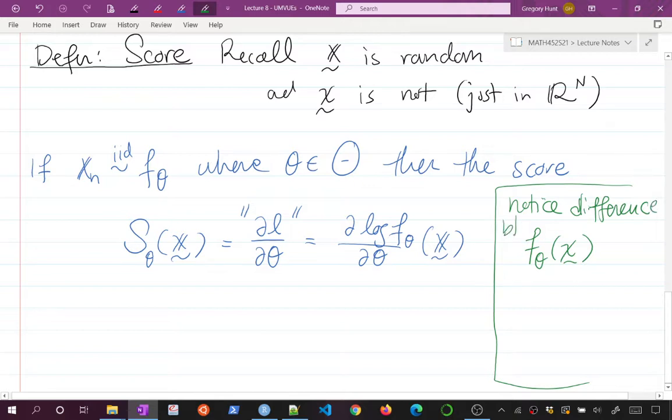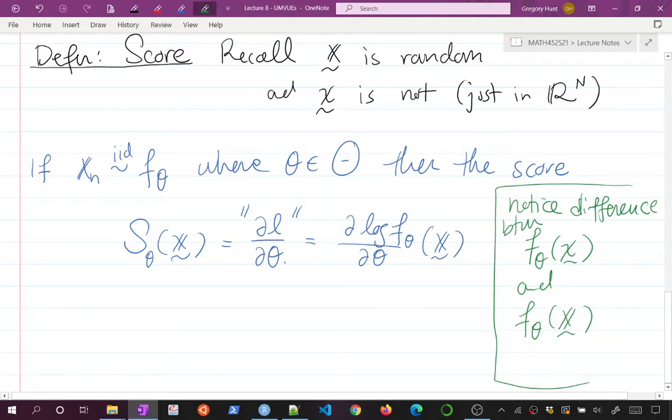The difference between this and f theta is that f theta is just some function. You could plug the random vector into it. That's allowable. It's a bit of a strange thing to do, but we do strange things in statistics.